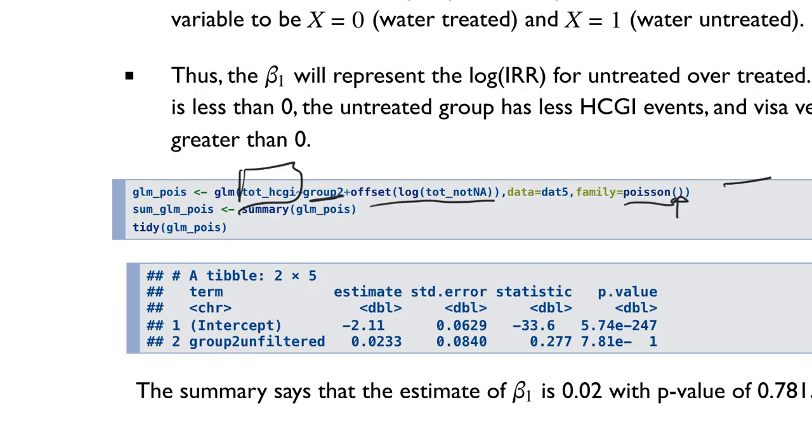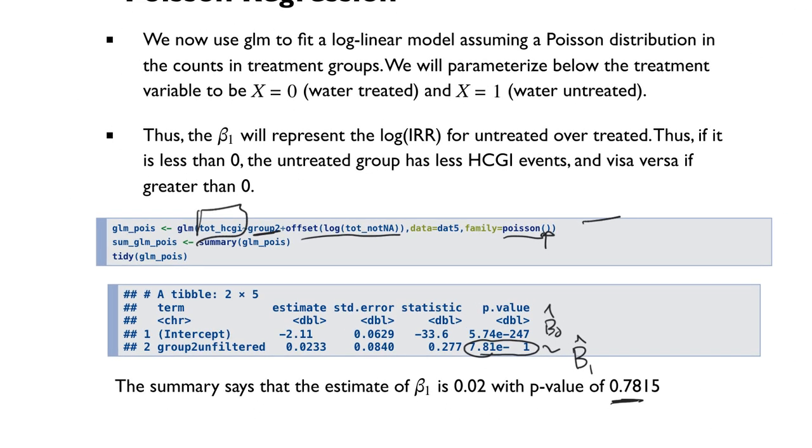And now you get your estimate. This is our beta 0 hat, and here's our beta 1 hat. And then we get a p-value of the test that beta 1 is 0, and it's 0.781. So meaning in this analysis, it looks like the rate's about the same in the two groups.